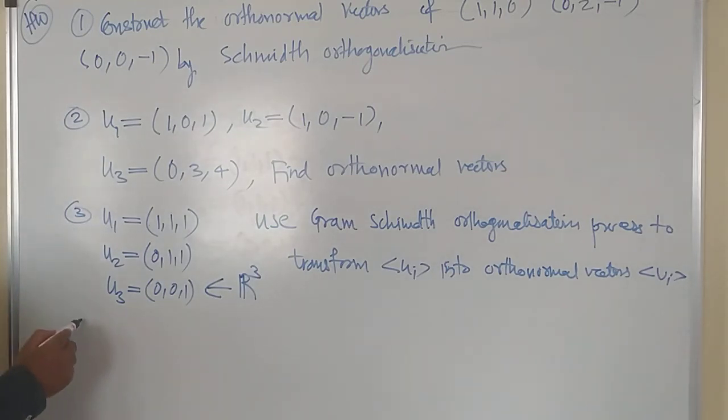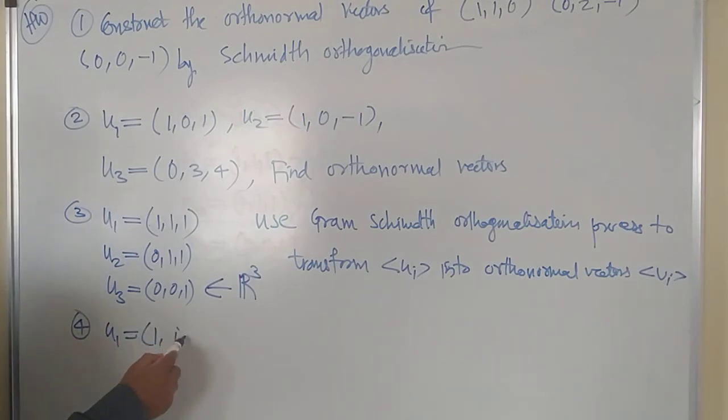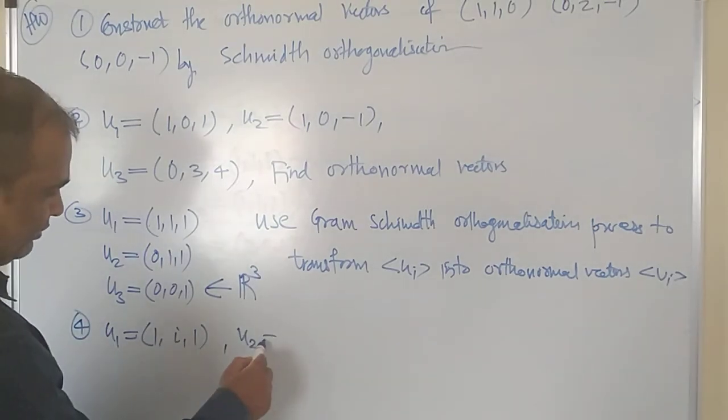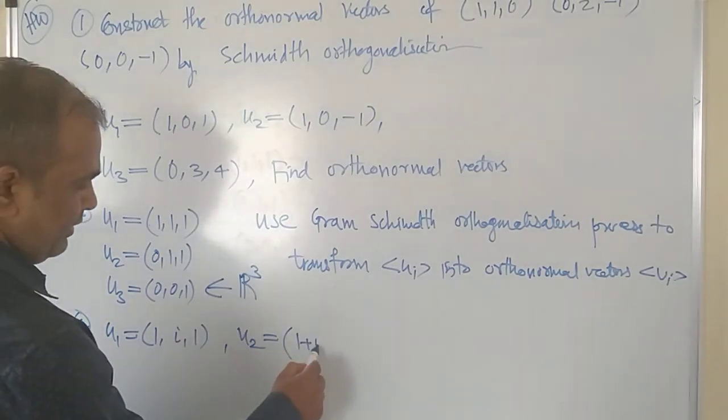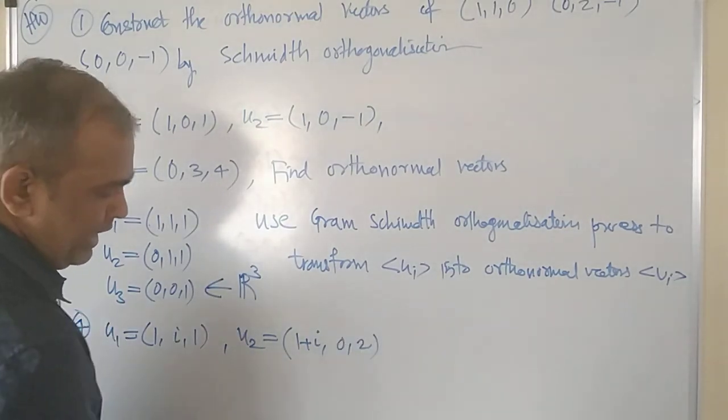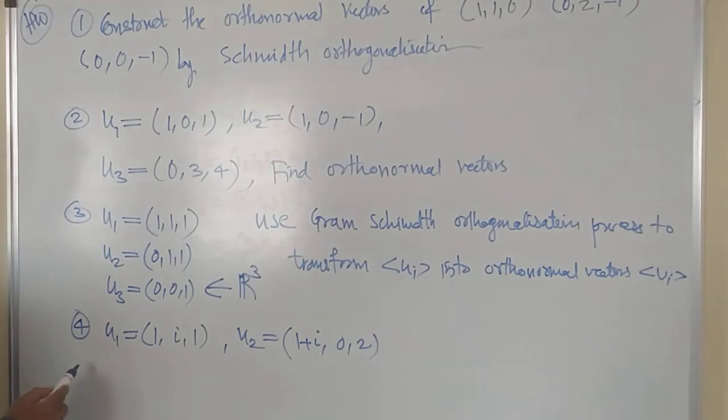One more example, the fourth one: obtain the orthonormal basis for u1, u2. u1 is given as 1, i and 1, and u2 is equal to 1 plus i, 0 and 2, right?